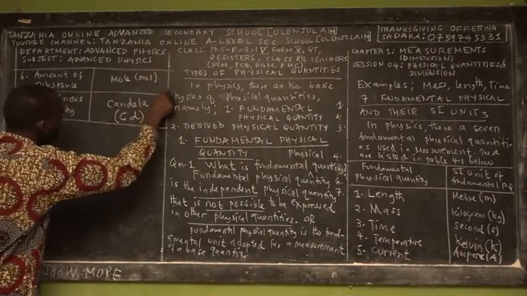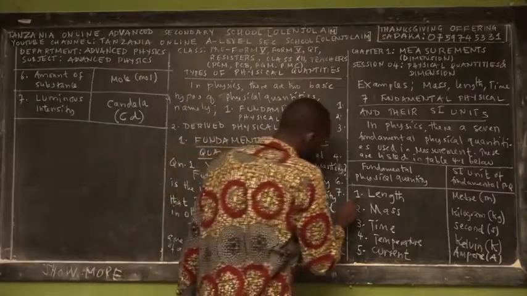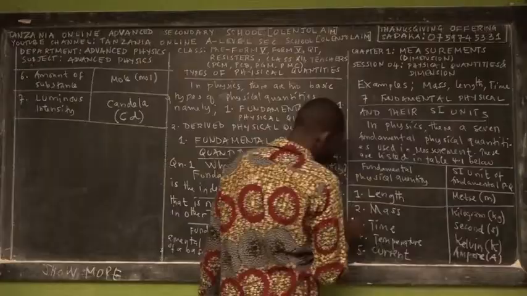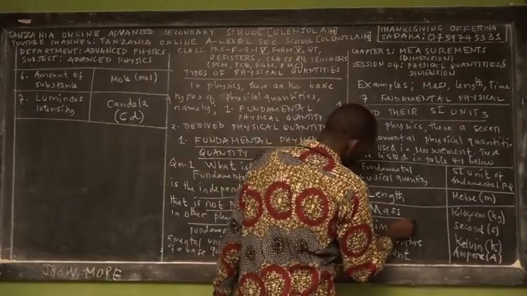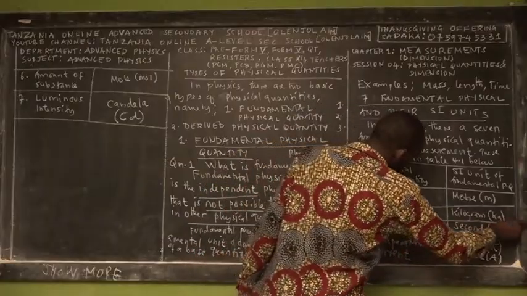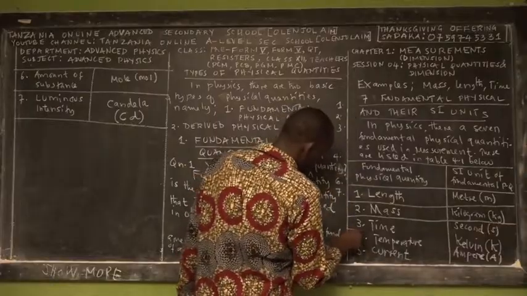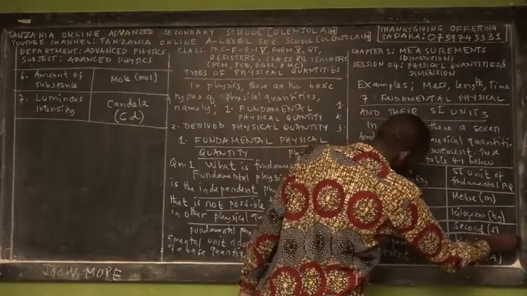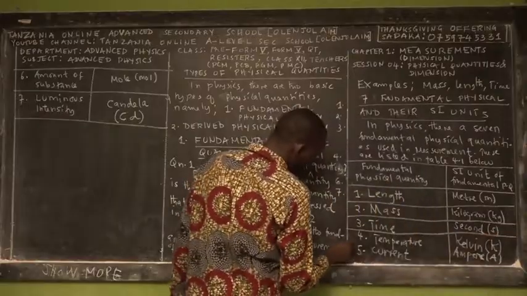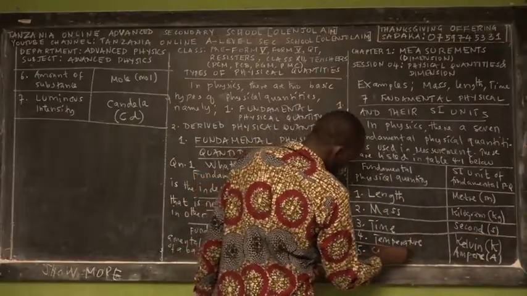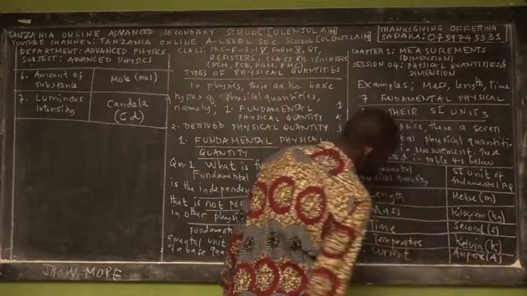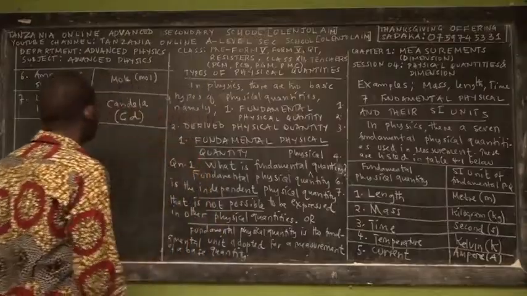You may organize it in this style: you have the physical quantity and its corresponding unit, with a separating line between one physical quantity and another.